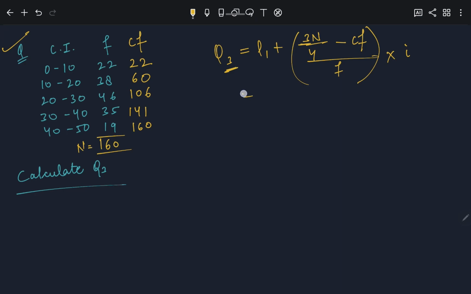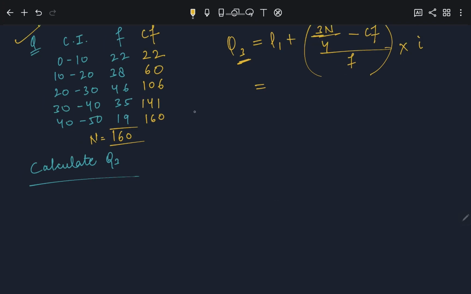So here we will divide 3n by 4. 3 into 160 by 4, which will be 120.